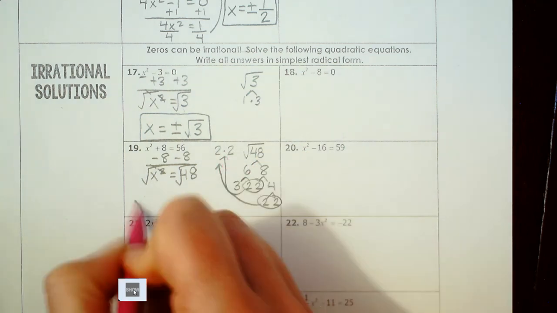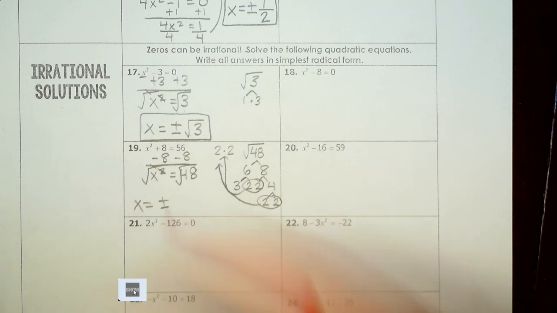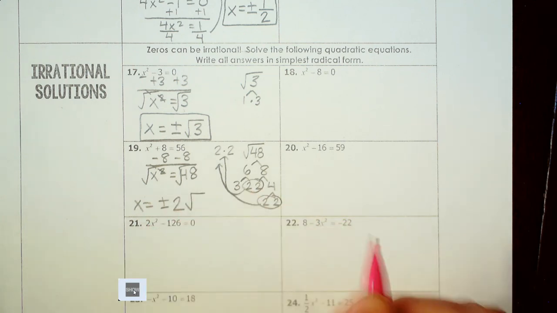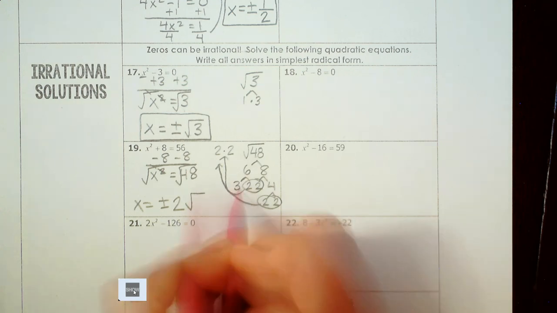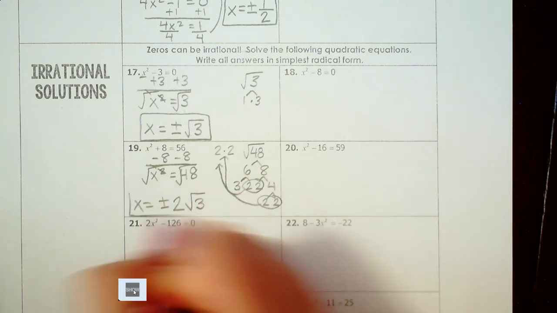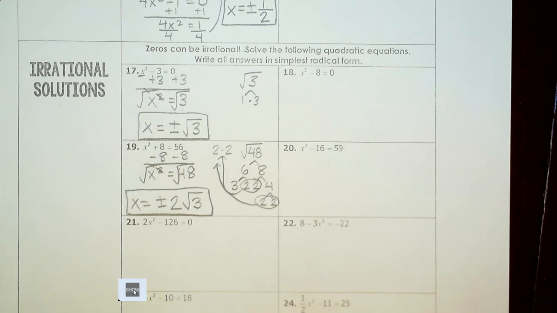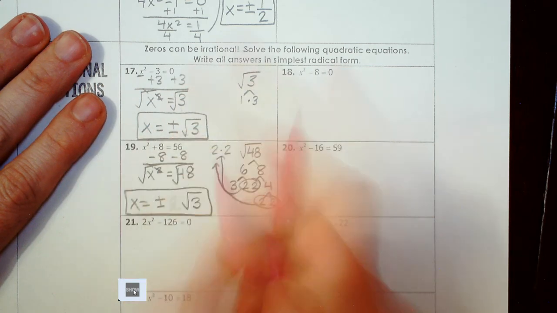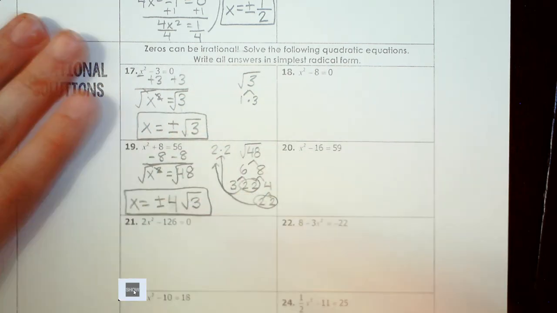All right, so x equals, don't forget your positive, negative, 2 square roots of, what did we have not paired up? 3. Oops, not 2, sorry. 2 times 2 would be 4. My bad.